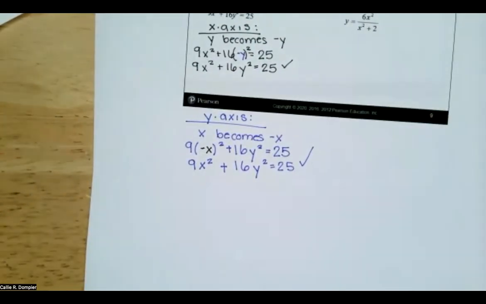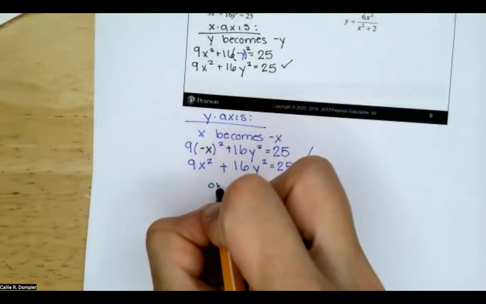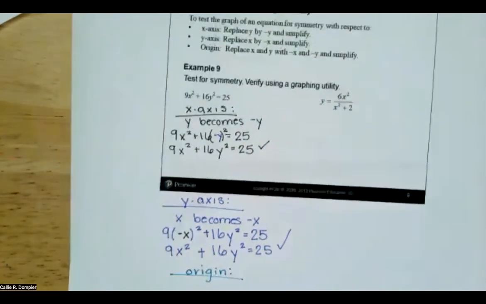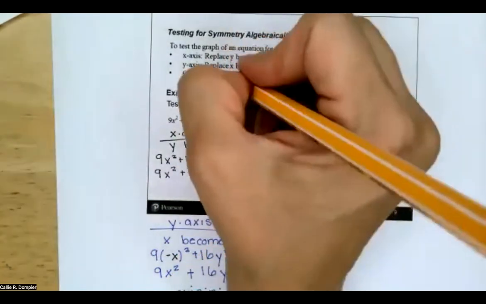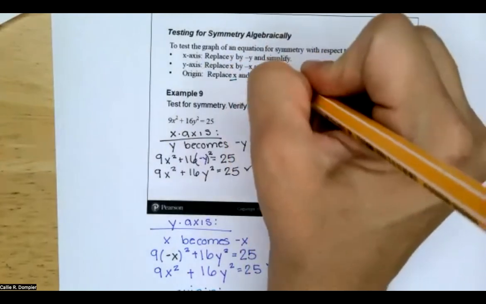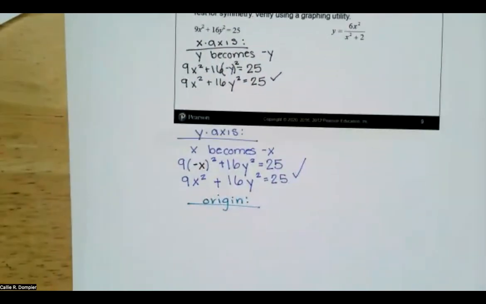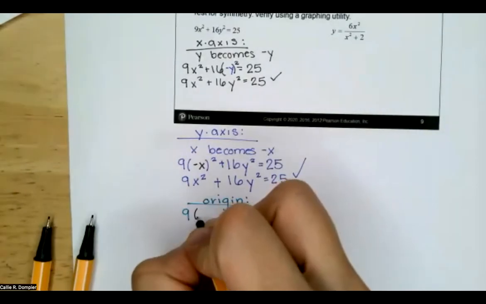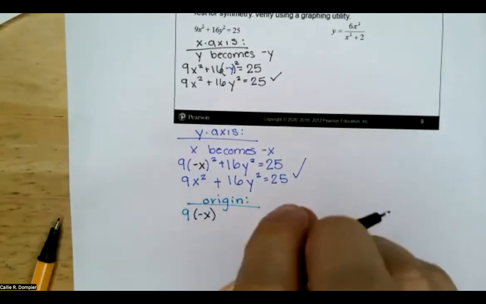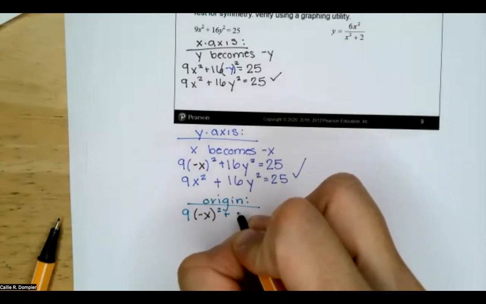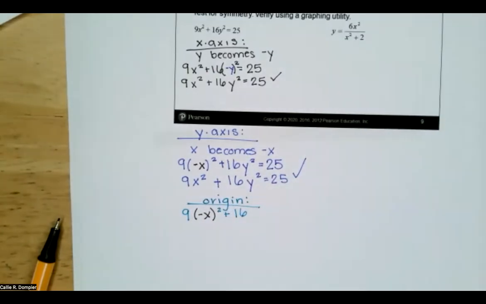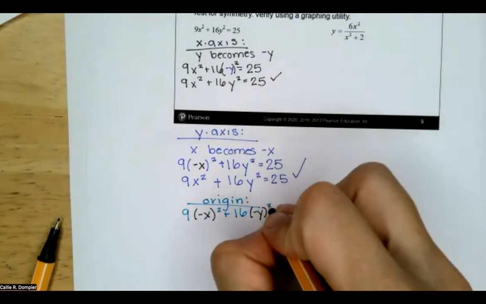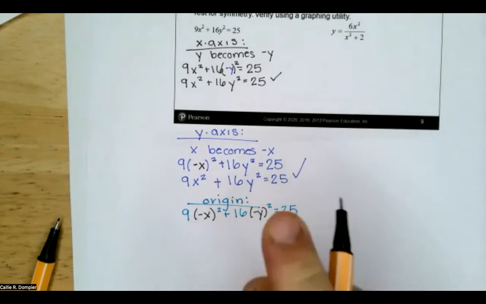And then for the origin, what does it have us do? Replace x and y with negative x and negative y. So we're making both of them negative. So we have 9 times negative x squared plus 16 times negative y squared equals 25.